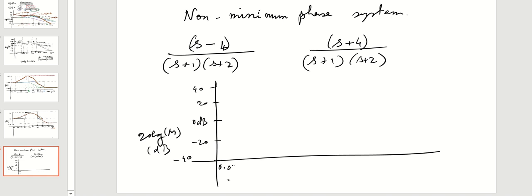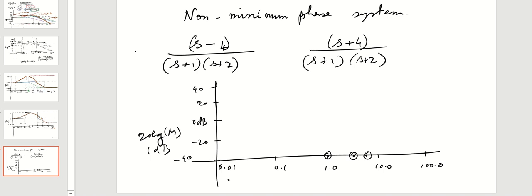This is 0.01, 0.1, 1.0, 10.0, 100.0. We don't need to go to 100 though in this case. Anyway, the point is you mark out the corner frequencies. The corner frequencies would be 1, 2, and 4.